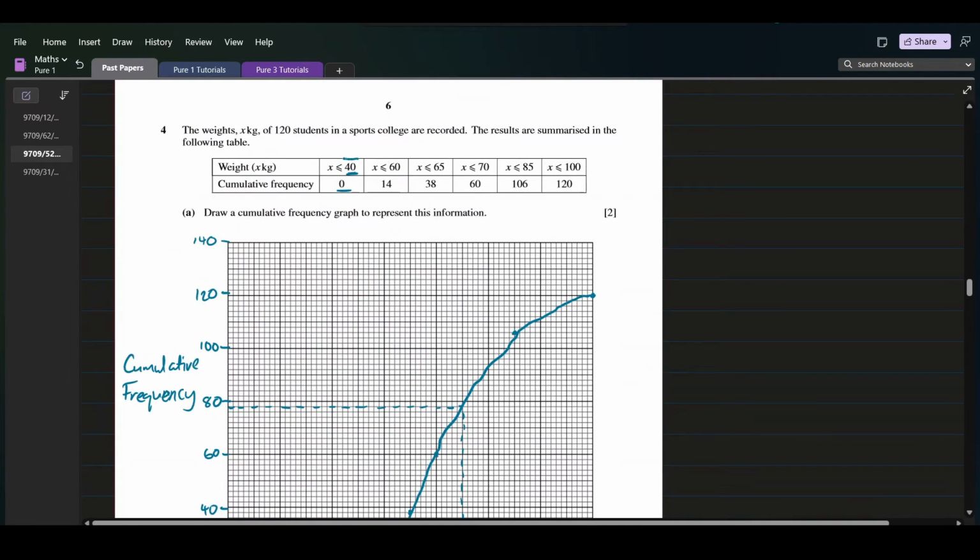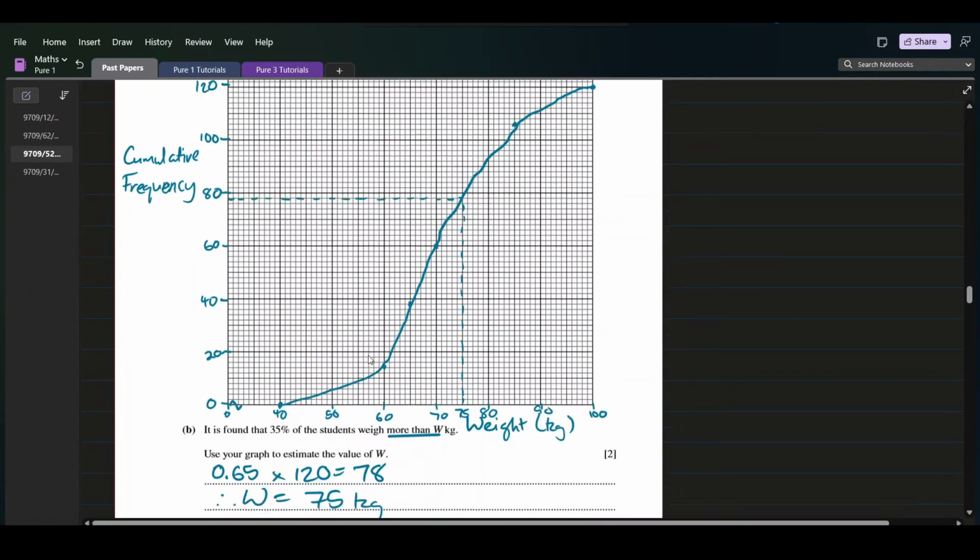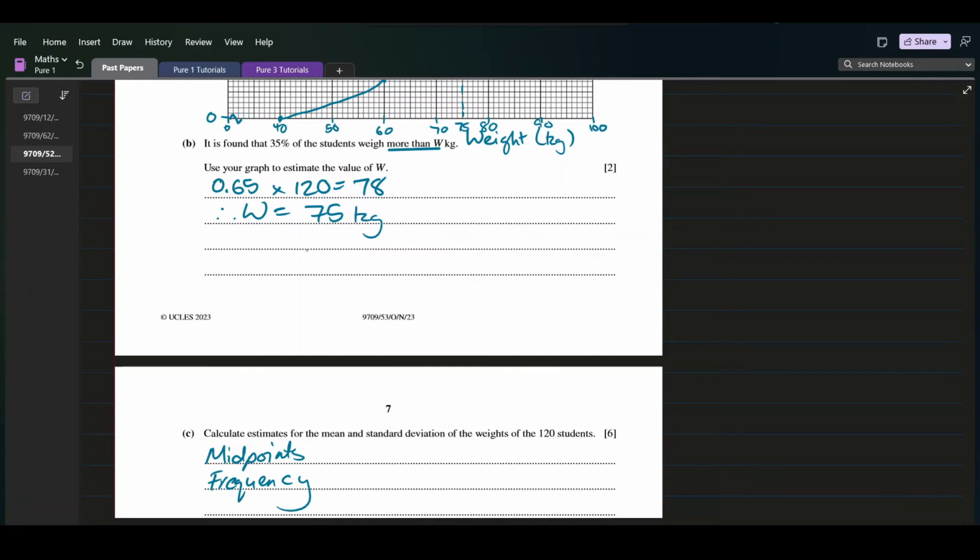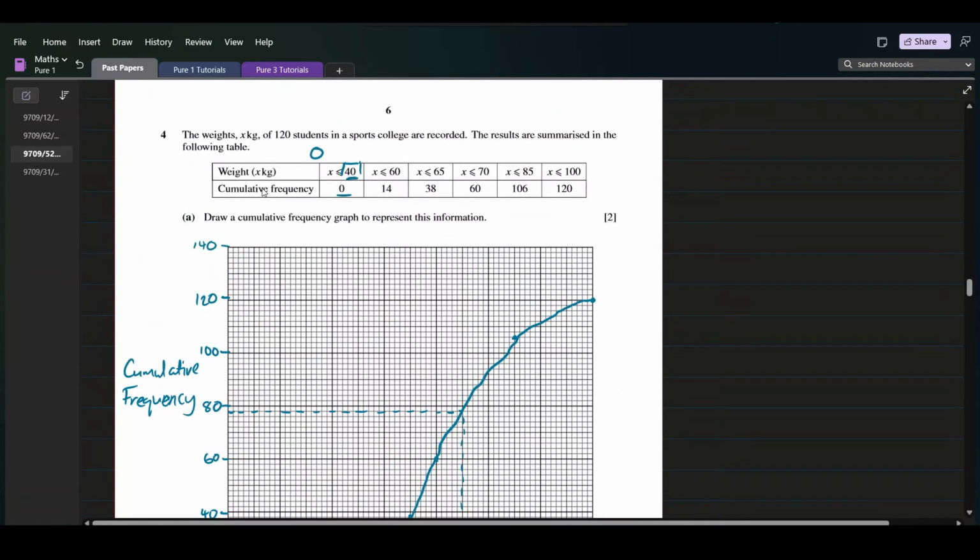So for the first class, 40 is our upper bound. They didn't write 0, but you should know that this class is starting from 0 and it's going up to 40. So the midpoint of 0 and 40 is 20. So that means for our first class, our midpoint is 20. And then for our next class, it's going from the upper bound of the previous class, which is 40, up to 60.